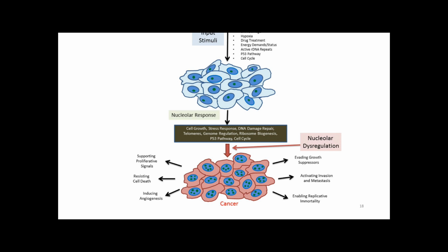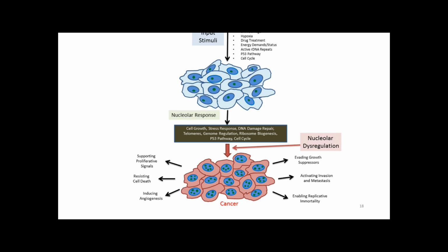So what happened here? Actually, nuclear dysregulation happens. It supports the proliferative signal, so the cells normally increase in number and resist cell death.